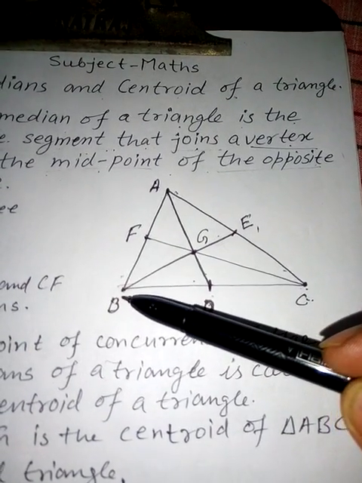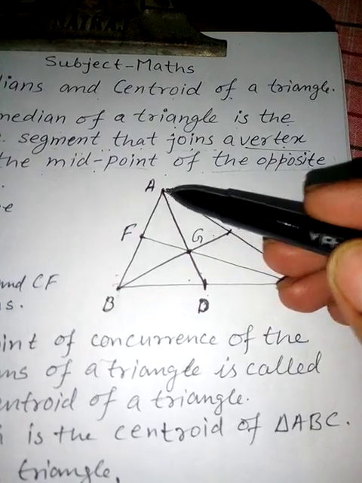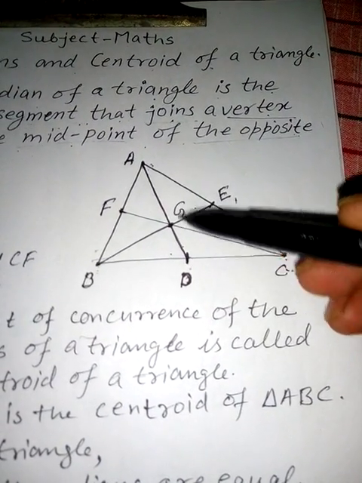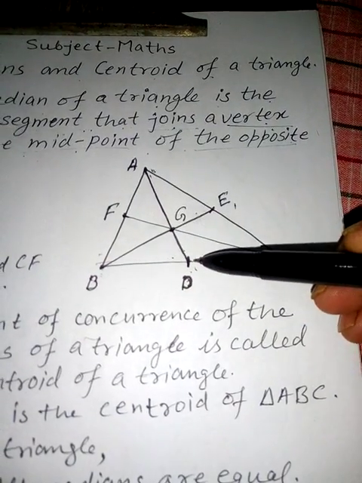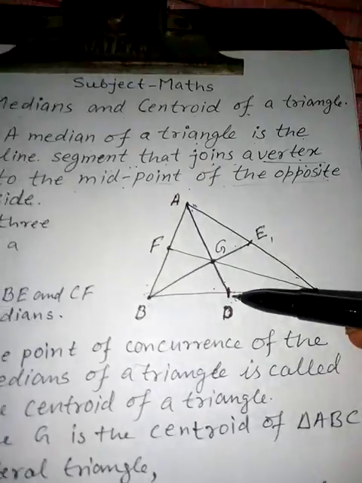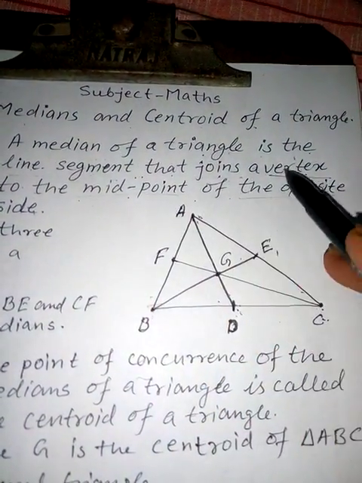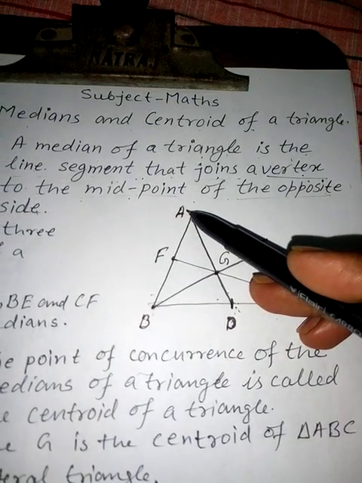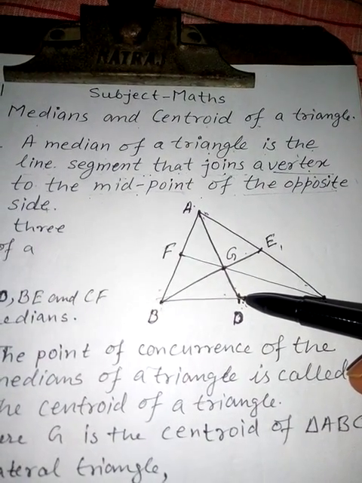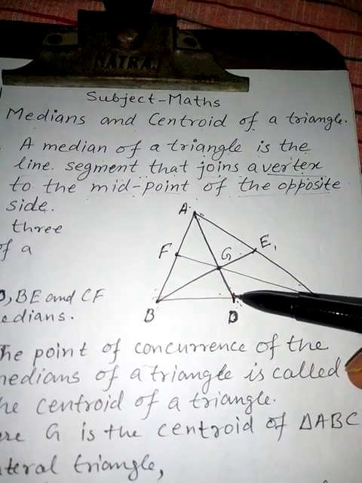And here the vertex A and the midpoint of BC join together, and we can see a line segment AD. So a median of a triangle is the line segment that joins a vertex to the midpoint of the opposite side. So AD is the median.